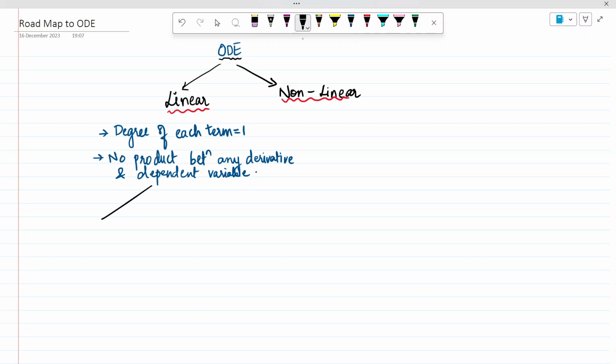Again, the linear differential equations will be bifurcated into two parts. The first is first order, first degree.